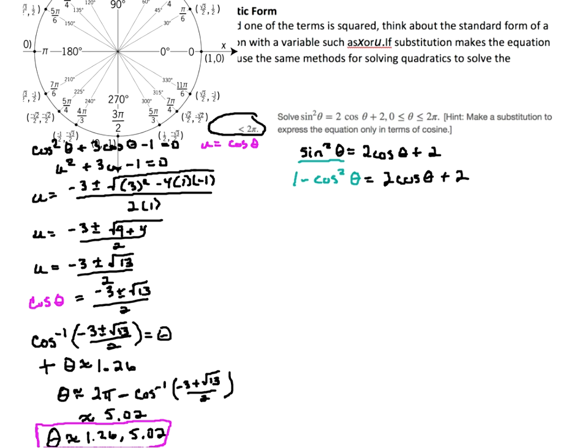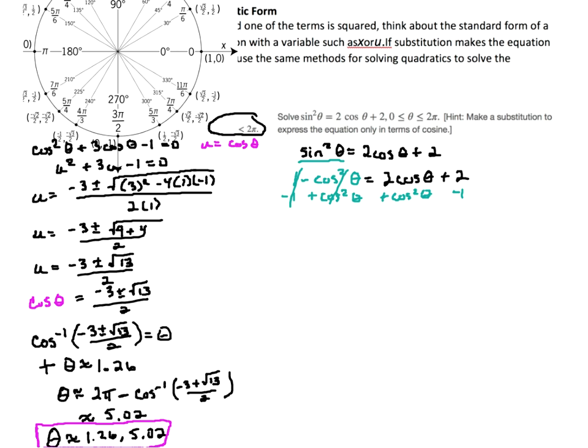Well, now I've got a quadratic and it's all in cosine. So I need to get it equal to 0 and solve. I'm going to add cosine squared theta to both sides, and I'm going to subtract 1 to get that all off of there.